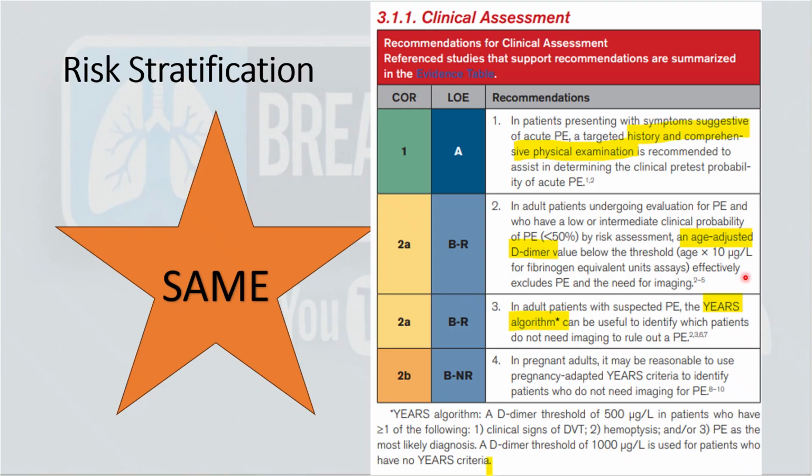Also, they focused upon the YEARS algorithm, which says that if your D-dimer is more than 500 plus any one of the following, including DVT clinical signs, hemoptysis, and/or PE as the most likely diagnosis, it can be used as the YEARS algorithm. But if you directly have a D-dimer more than 1000 micrograms per liter, then there is no need for any other further criteria. So the YEARS algorithm can be used to justify whether further imaging is needed or not.